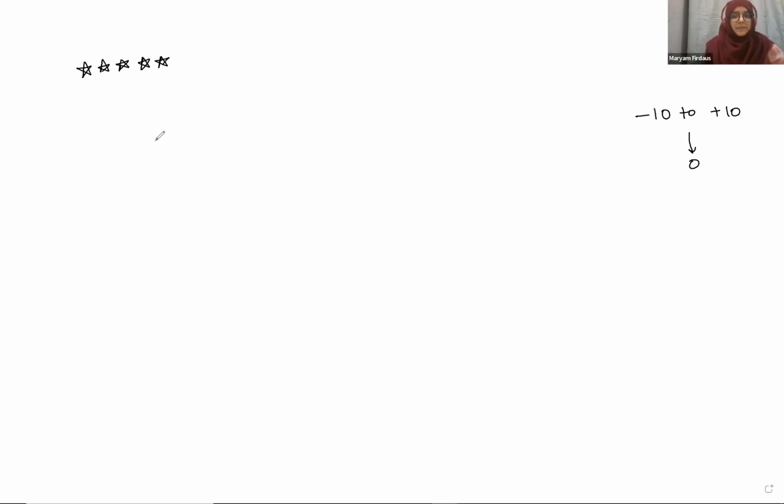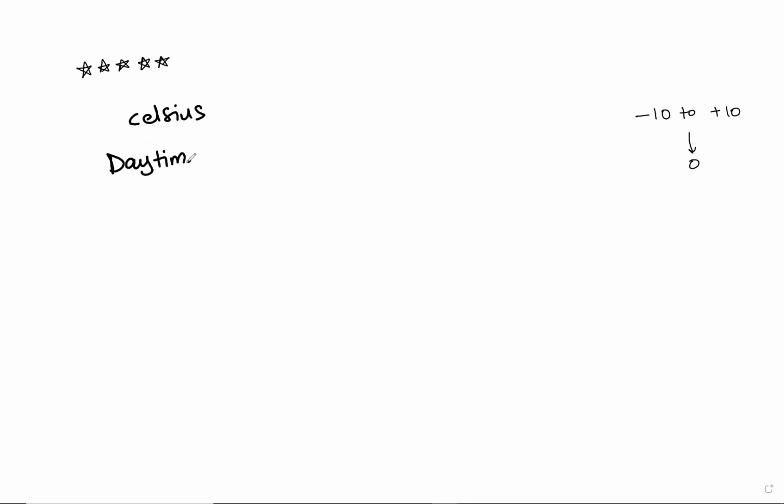Google it like this. You can search the internet like this. What is the daytime temperature in Antarctica in Celsius? Okay, -49 Celsius.